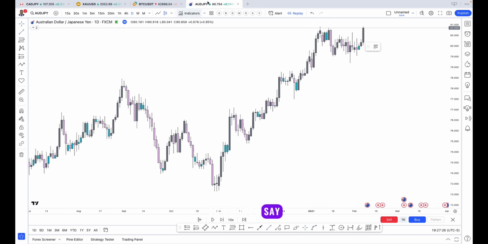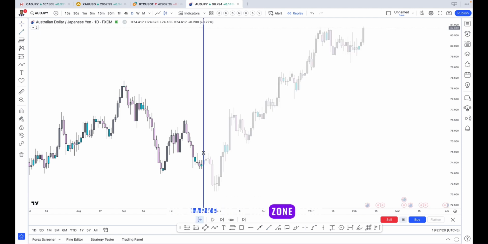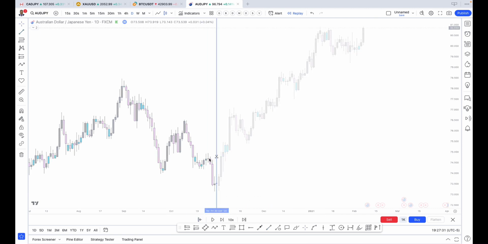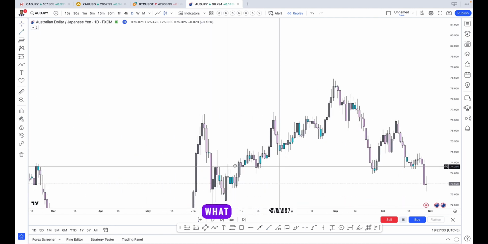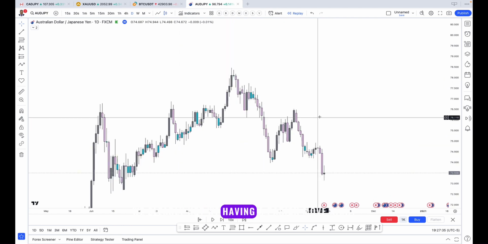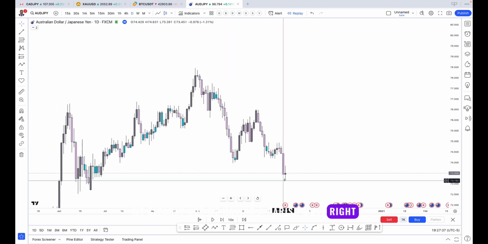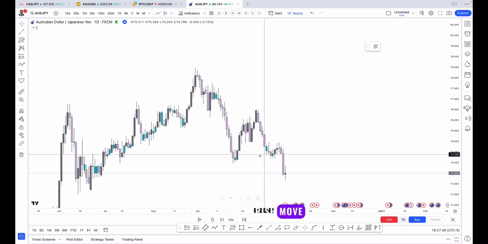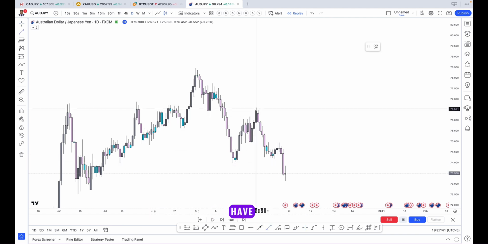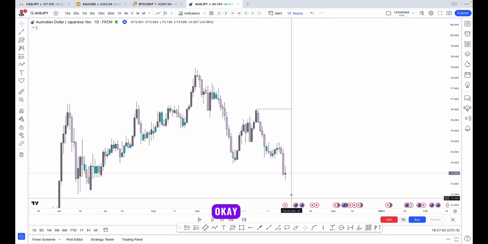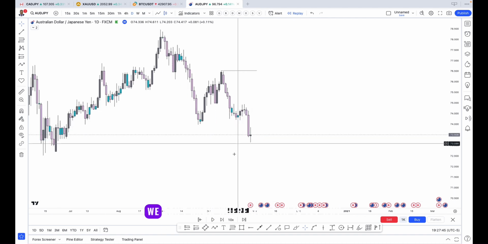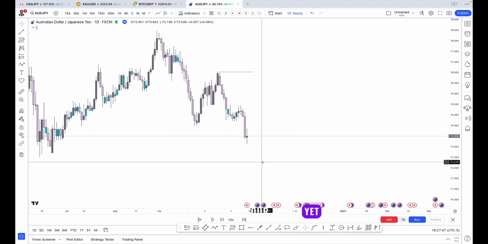So let's say our market is in this zone, right? So what are we saying? We clearly know that we're having a bearish move, right? And in this bearish move, we have what? We have our current highs, okay? And we don't know where our low is yet. Why?